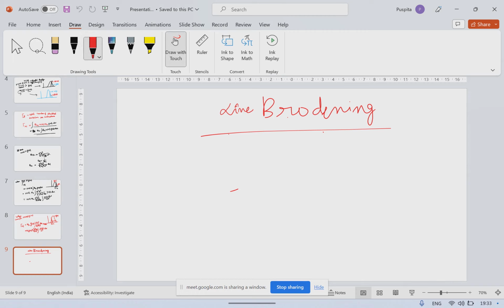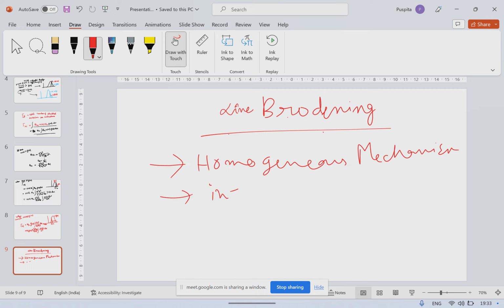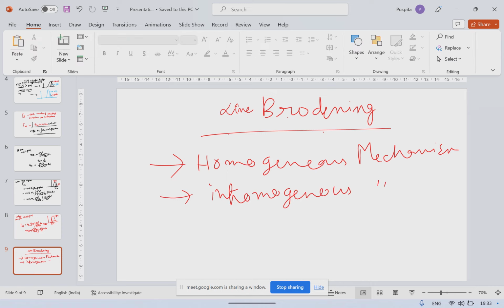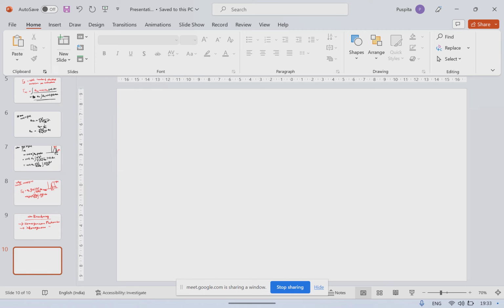Line broadening mechanism. One is homogeneous mechanism, and another is inhomogeneous mechanism, or we can say homogeneous broadening and inhomogeneous broadening. Examples of homogeneous broadening are natural broadening or collisional broadening.